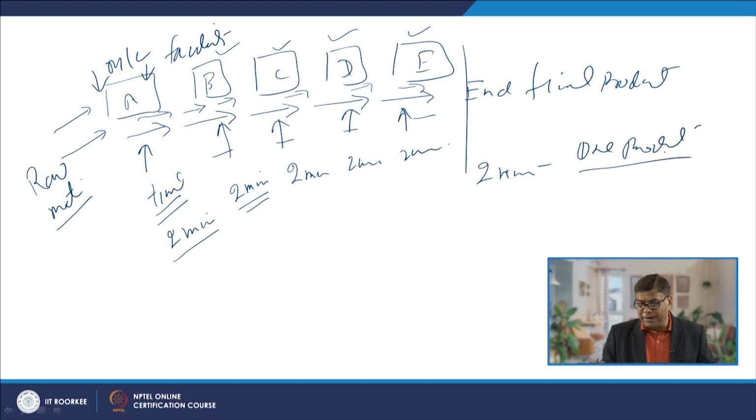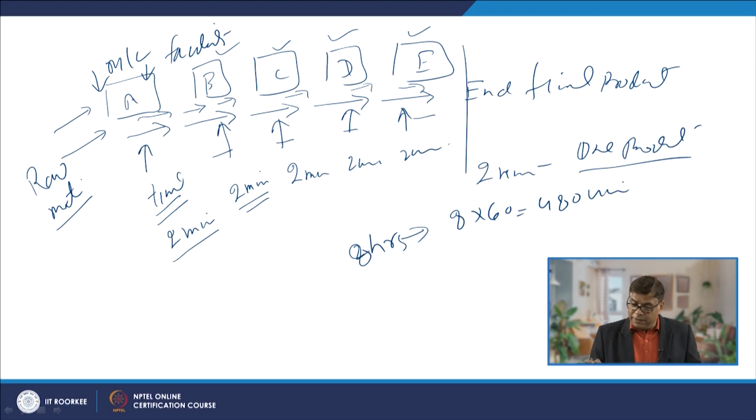If we have a shift of 8 hours, that is 8 into 60, 480 minutes, and if one job is completed in 2 minutes, then the daily output will be 240 units per day. So, this is basically the logic behind it.